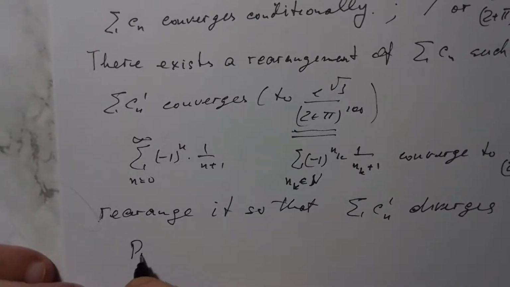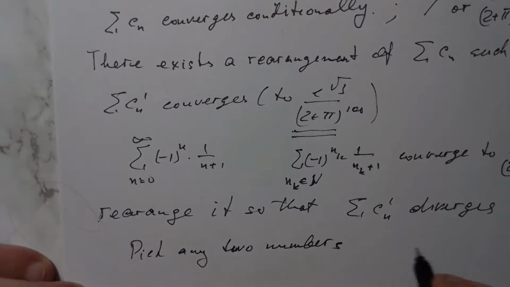So pick any two numbers, alpha 1 less than alpha 2. And remember, alpha 1 could conceivably be equal to minus infinity, and alpha 2 can conceivably be equal to plus infinity.